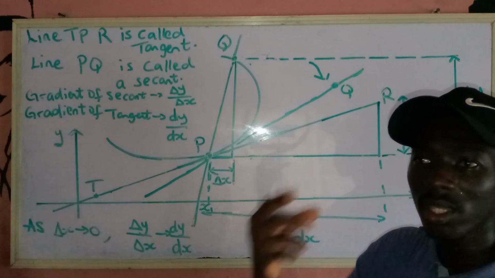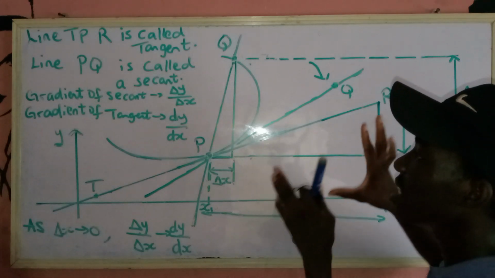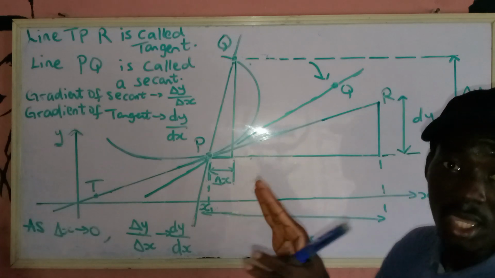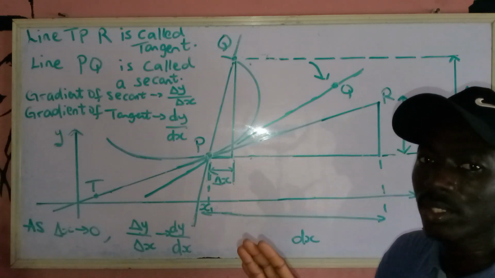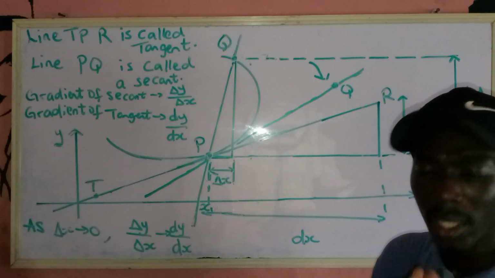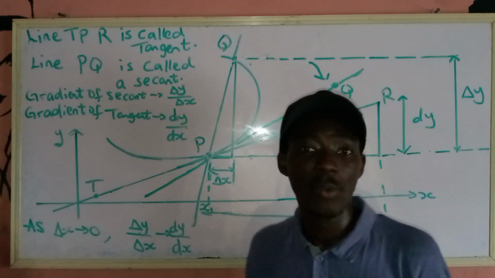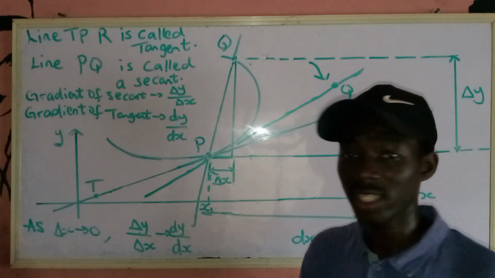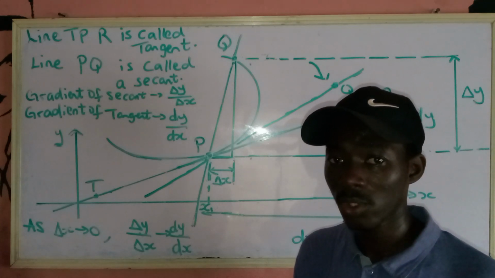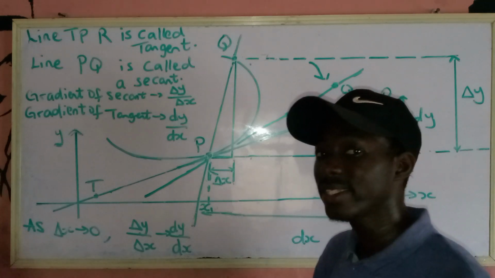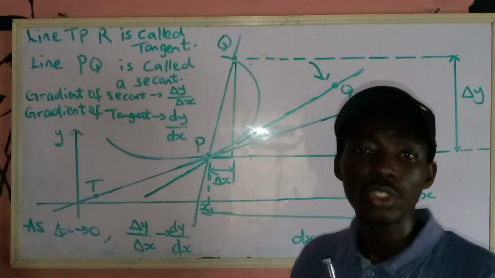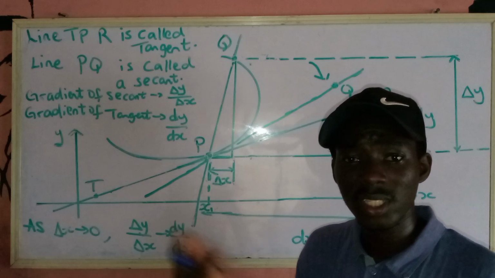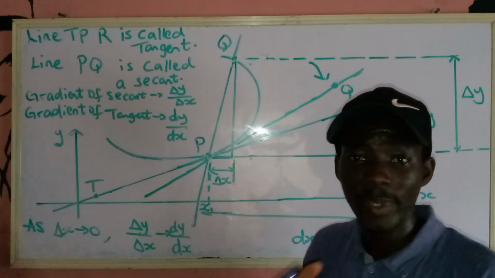Also, something about differentiation: differentiation is a way of getting the gradient of a function analytically. We have what is called analytically in mathematics, and we have what is called graphically. Graphically is when you use a graph or certain tools to get your answer, while analytically is when you solve something by hand, using your principles of mathematics.